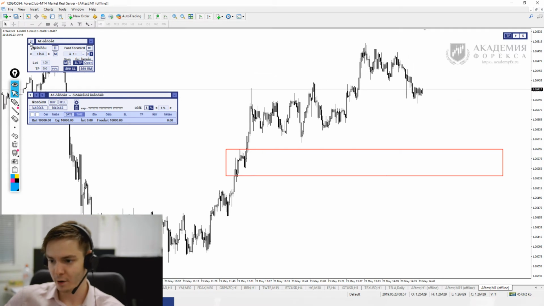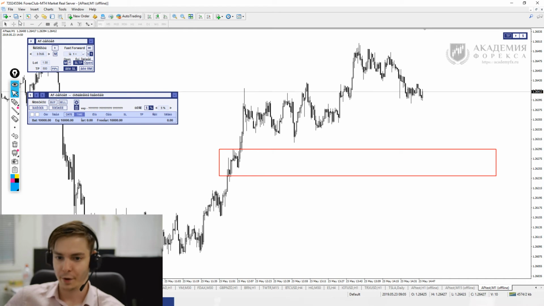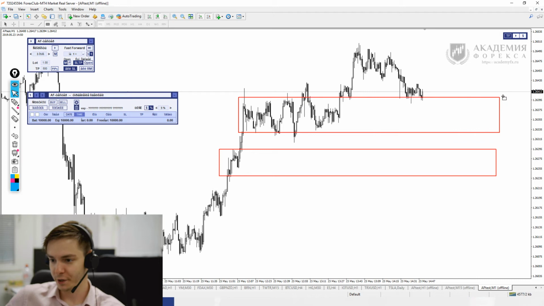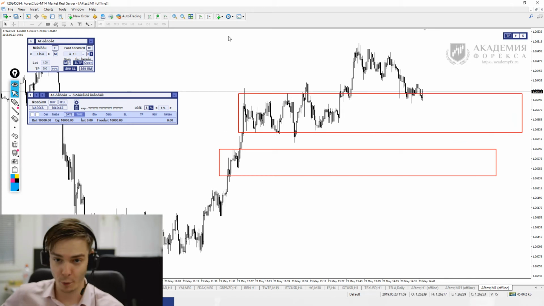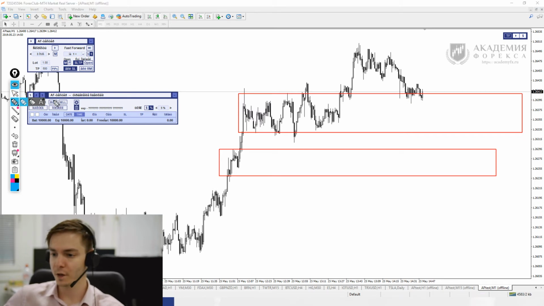Okay, this is now a very interesting situation because we have two consolidations here, and I will probably show you different tactics. What I am thinking about is opening long in this situation, putting the stop loss below and speculating on this level.